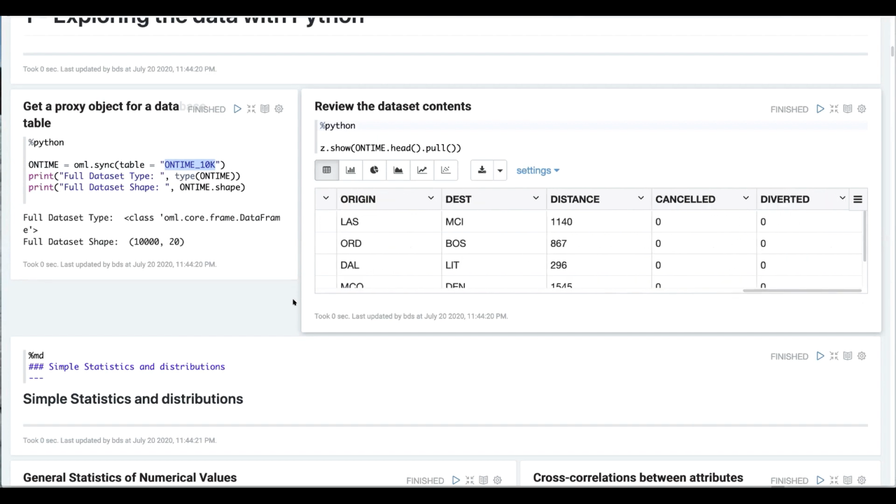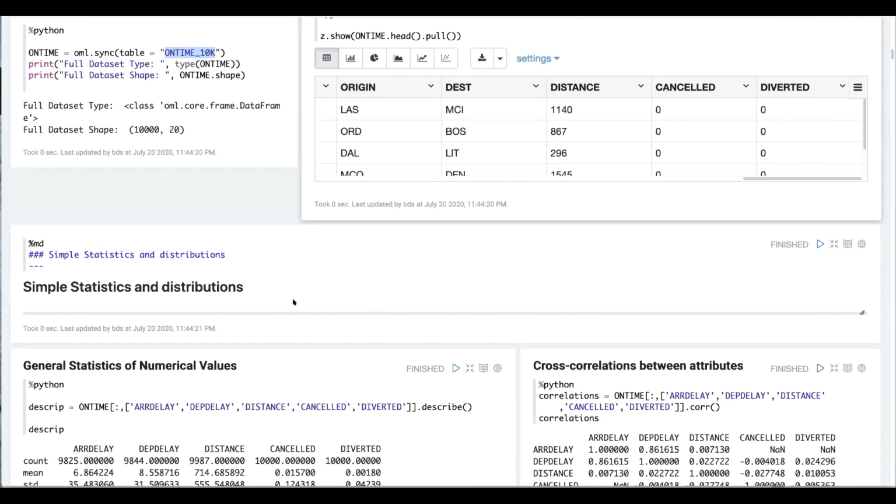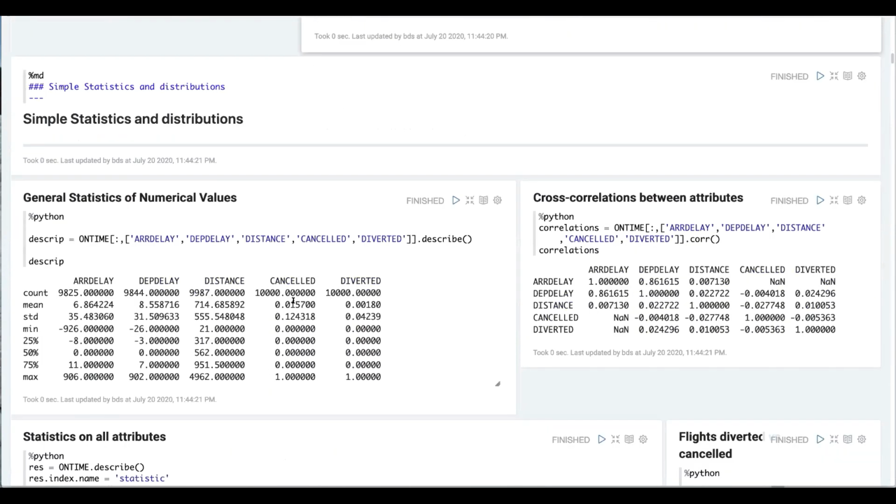If you have something very basic, we have a function called .describe that can show very easily a description of the numerical variables that are in the data set. I can see count, mean, maximum, standard deviations. I can see, for example, there are some very weird arrival delays here.